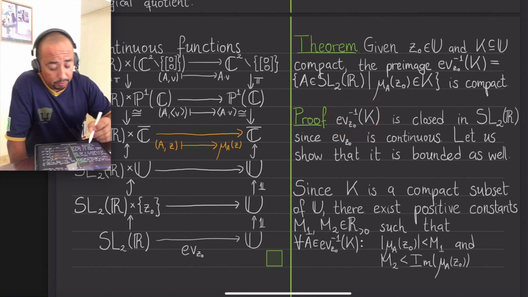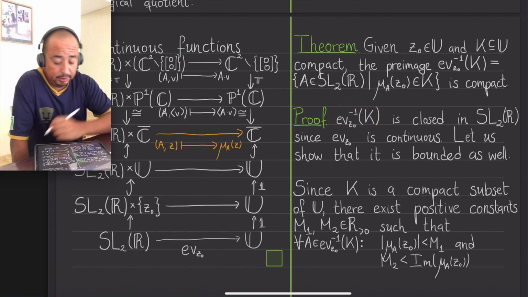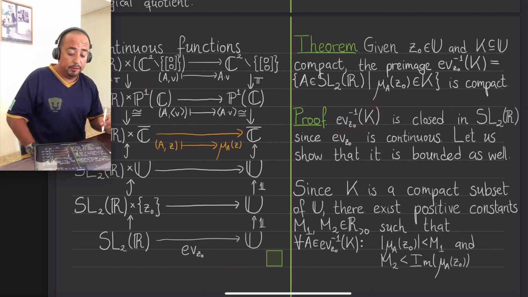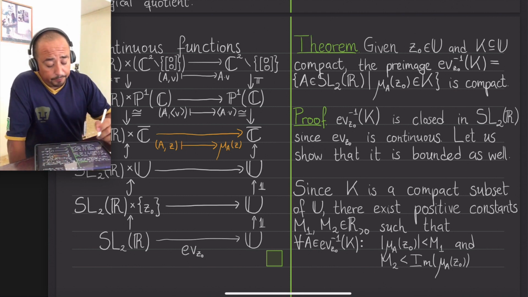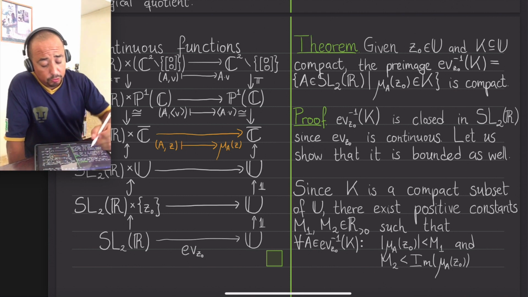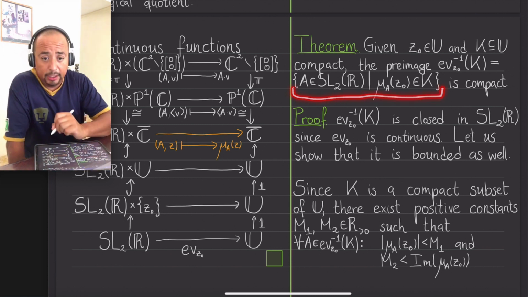Okay, now we are going to show that this one is bounded as well, and then conclude that it is compact, knowing that it's closed and bounded. Now, what I'm going to do is show that the four possible entries of any element of this inverse image are bounded.